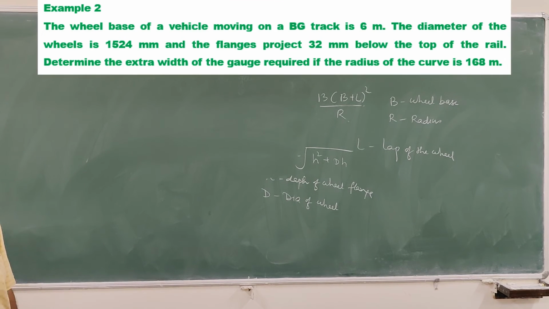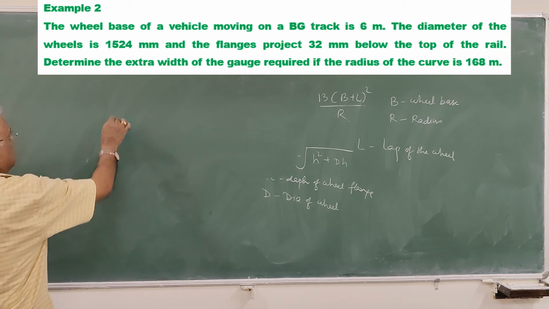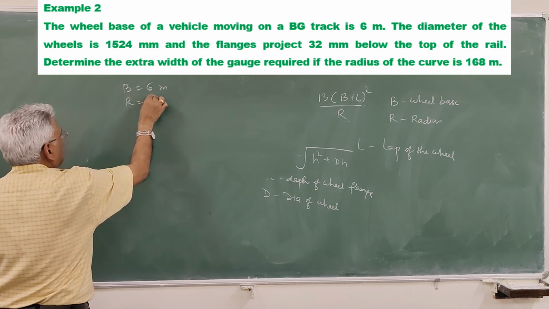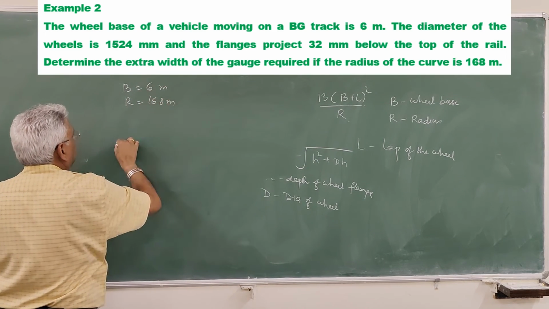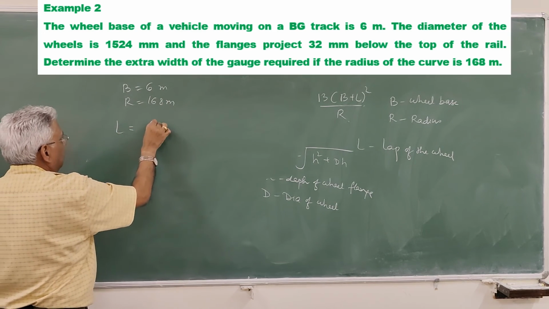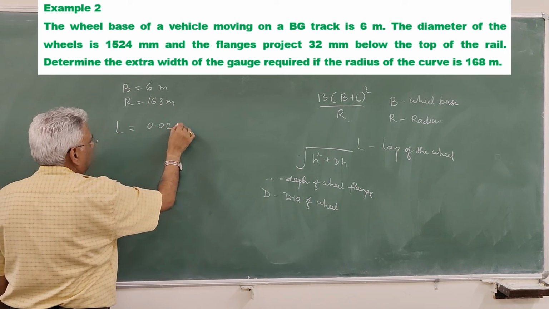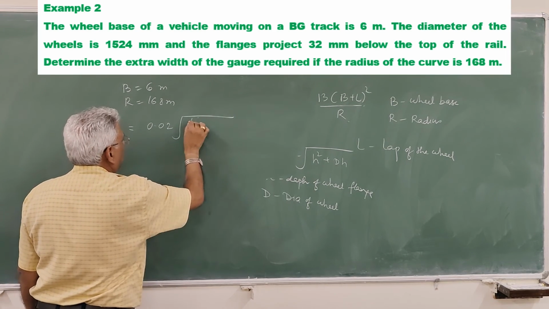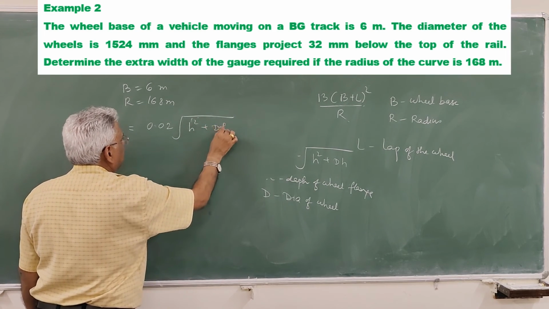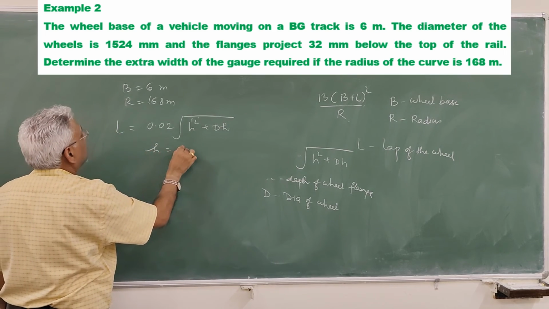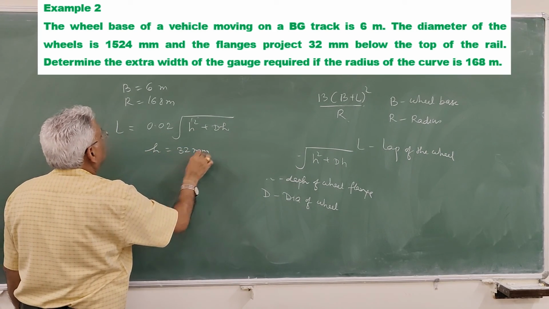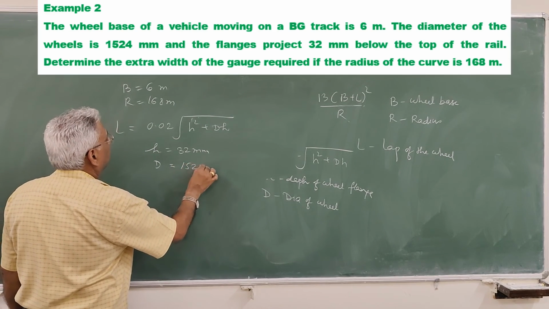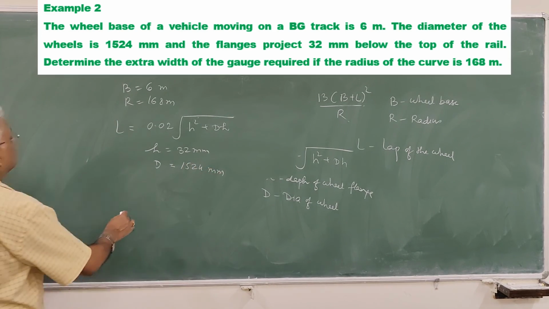So here in this question, B is 6 meter, R is 168 meter, and let us calculate L. L is 0.02 square root of (h² + Dh). h is 32 millimeter. Diameter of the wheel is 1524 millimeter.